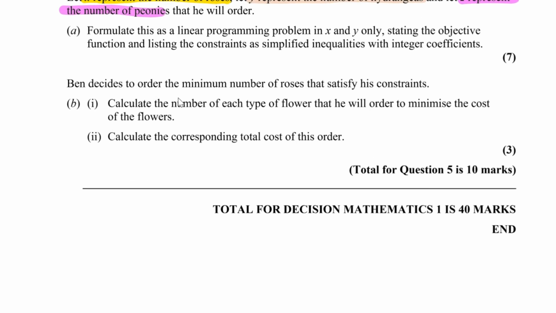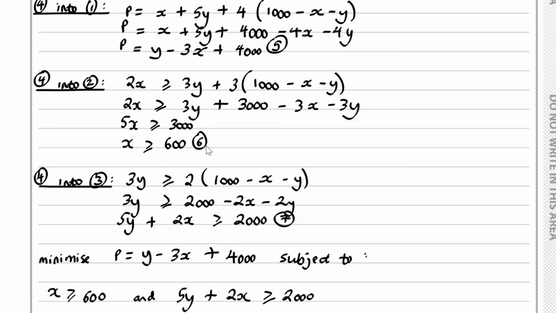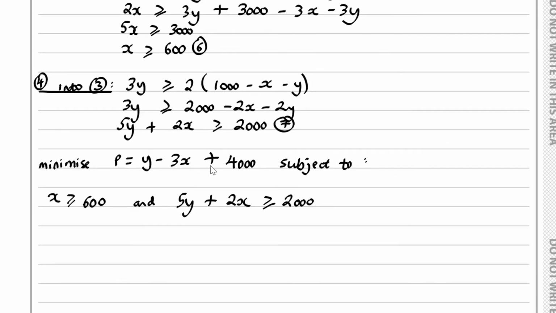And now for part B, Ben decides to order the minimum number of roses that satisfy his constraints. We have to calculate the number of each type of flower that he will need to order to minimize the cost of the flowers, and then calculate the corresponding total cost of this order. So that's actually quite easy. Obviously from here, from equation number 6, we see that x must be greater or equal to 600.